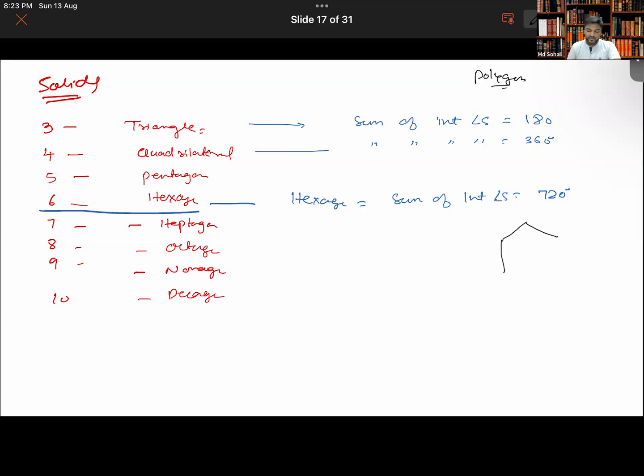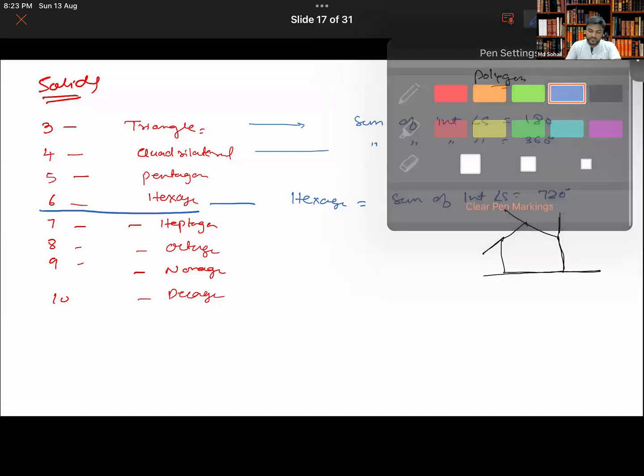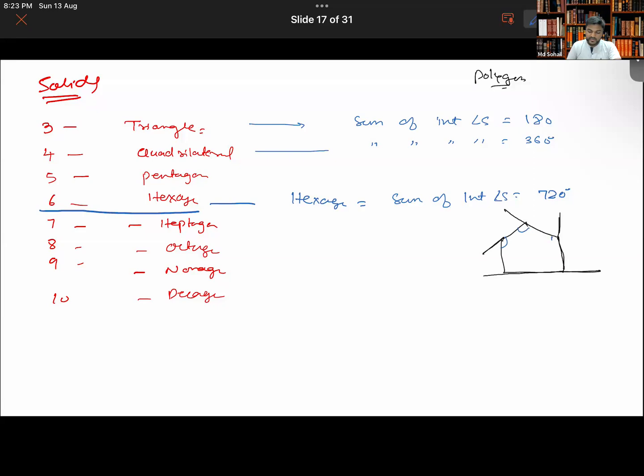Let's take a figure over here. This is a pentagon, right? We can actually draw the sides further like this. And these are the interior angles given for the figure.